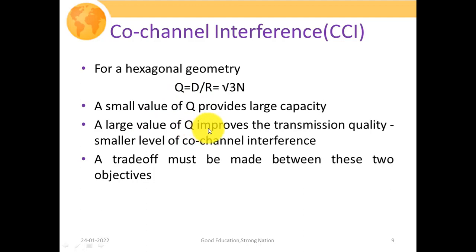So a large value of Q improves the transmission quality by reducing co-channel interference. So a trade-off must be made between these two objectives: co-channel interference should be minimized, whereas channel capacity should be maximized. We must take this trade-off between these two objectives while designing our cellular systems.